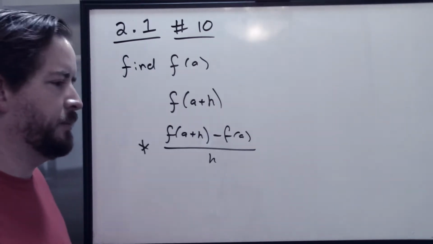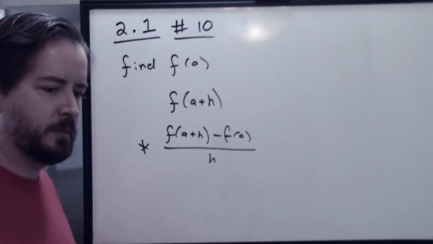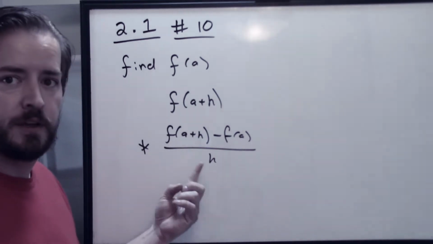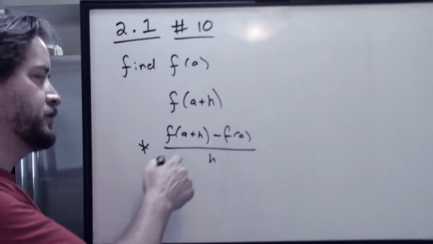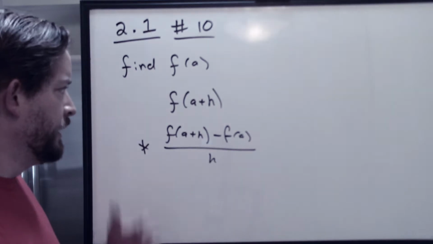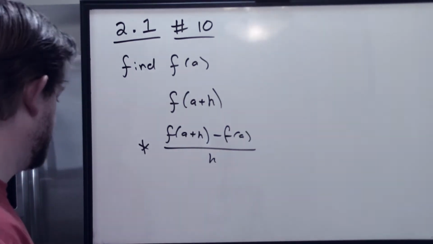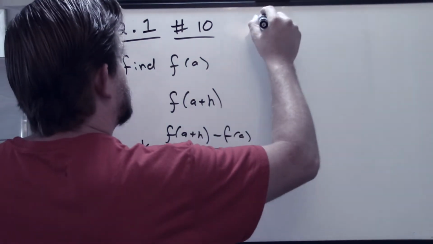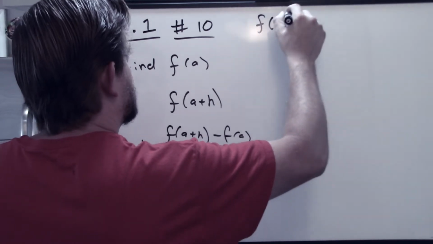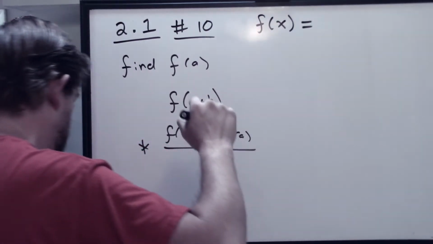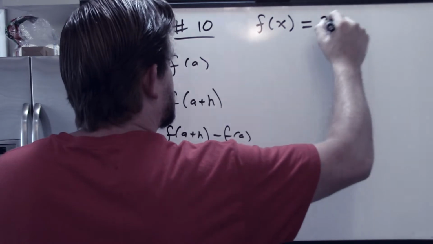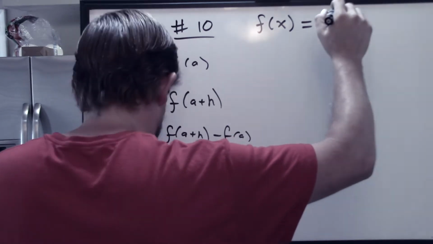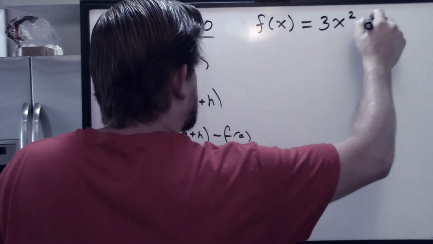You'll see this pop up when we start to define a certain mathematical principle called the derivative. But this is called the difference quotient. And we're doing this all in relation to the function f of x equals 3x squared plus 5x minus 2.